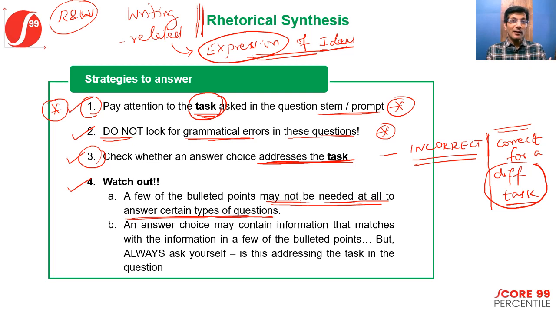Do you have the ability to filter out what information is essential for you, what information is really not useful in answering the question? So very important aspect. Keep this in mind. An answer choice may contain information that matches with the information in a few of the bulleted points. That's what I was talking about here. But always ask yourself, is this addressing the task in the question?